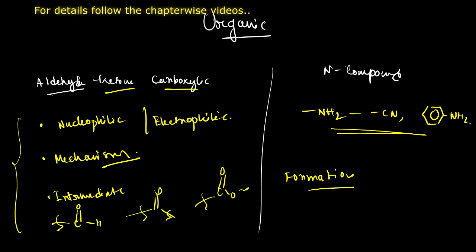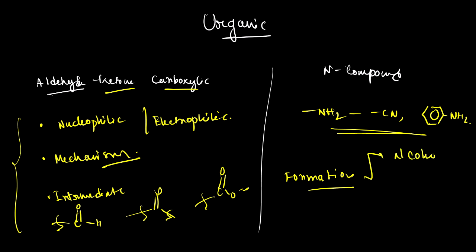Okay, so if you are going for the formation, we can form a nitrogenous compound from alcohol, we can form them from nitro compounds, we can form them from any haloalkane, etc. And from amide we can form by Hofmann degradation. And we have the phthalimide synthesis, so from phthalimide also we can form the amines.